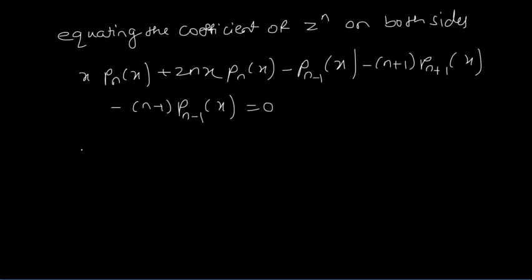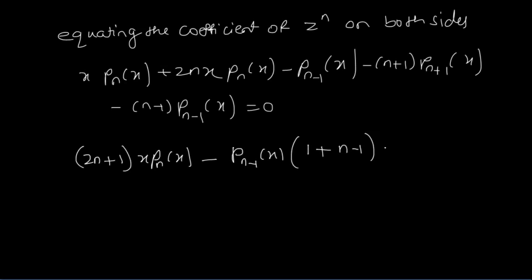You can take x into Pn of x, so we'll get 2n plus 1 into x into Pn of x. Next, from this side, I take minus of Pn minus 1 of x, and in the bracket I am left with 1 plus n minus 1. And then here I write this one as it is, n plus 1 into Pn plus 1 of x equal to 0.